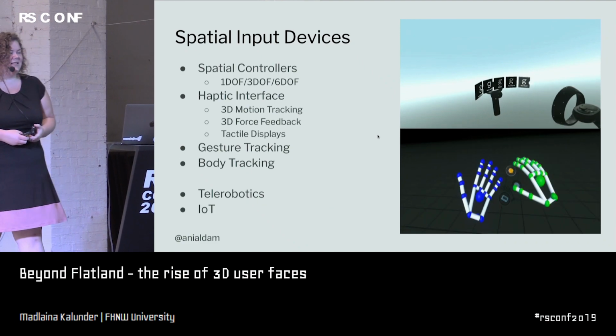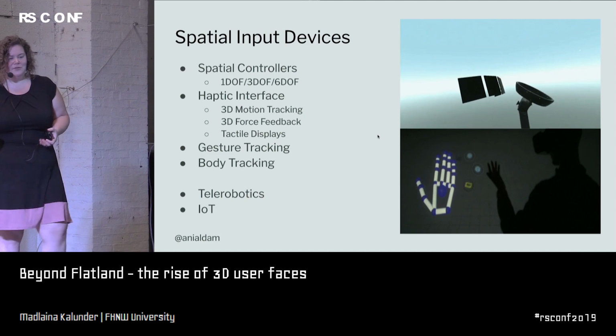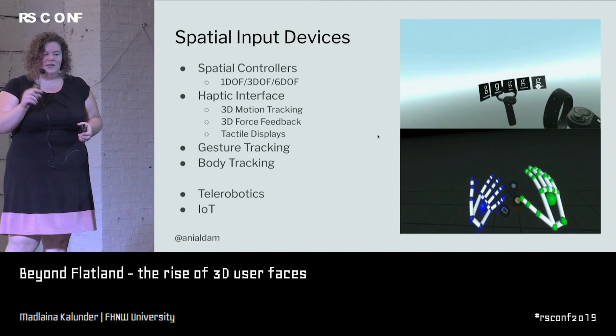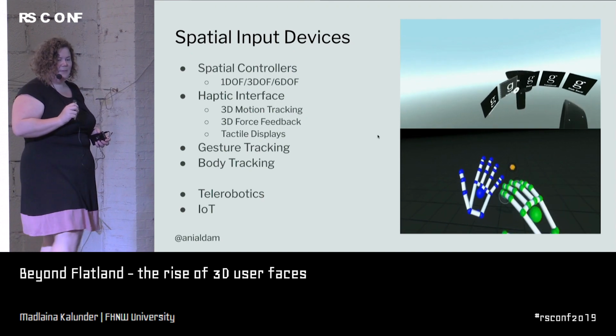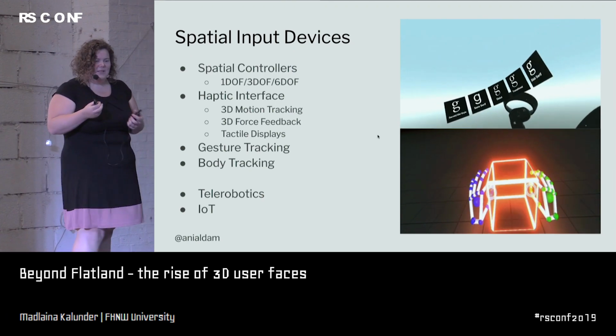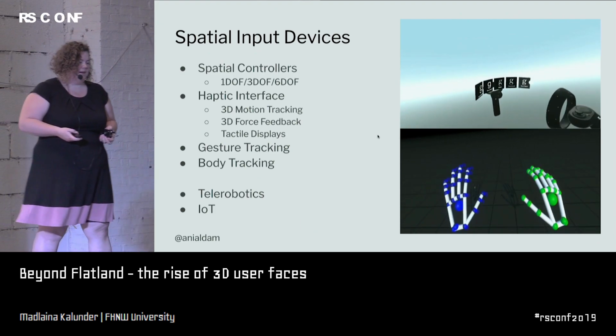Haptics is something that is a bit hard to understand, but if you have a smartphone, for example, and you press on the touch screen and you get a little vibration back, that's haptics. So it's something that gives you some sense of touch back.